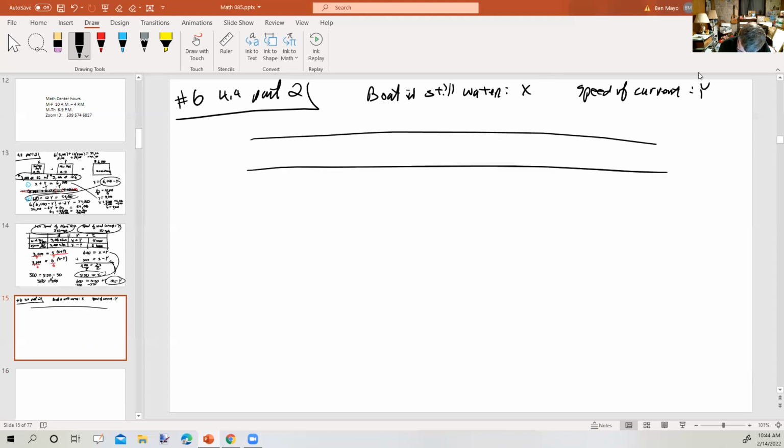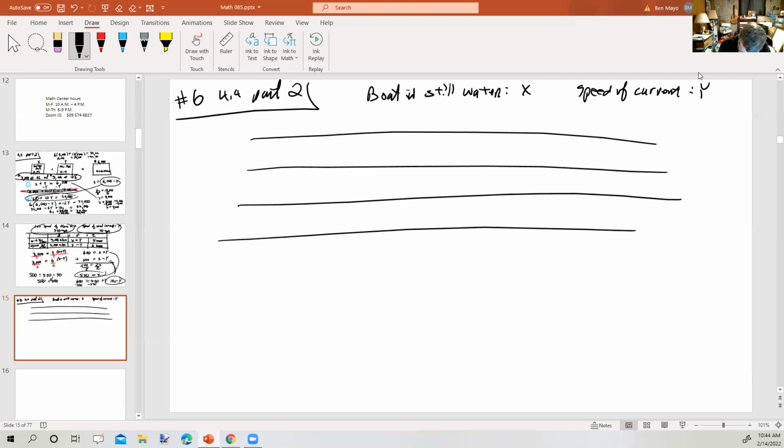Okay. And let's see here. Distance equals rate times time. And we've got downstream. So downstream. And then the return trip would be upstream.